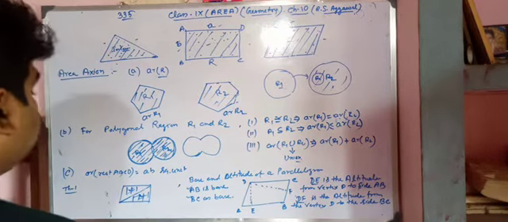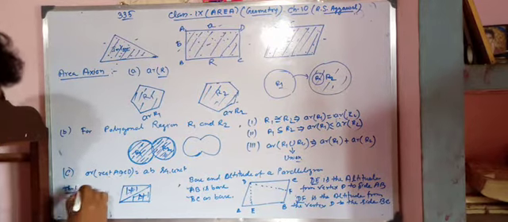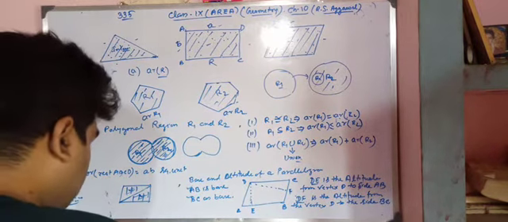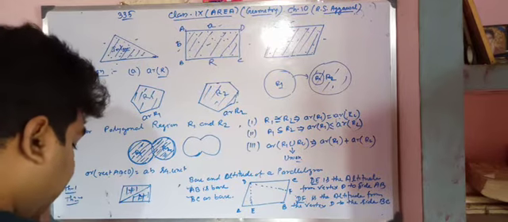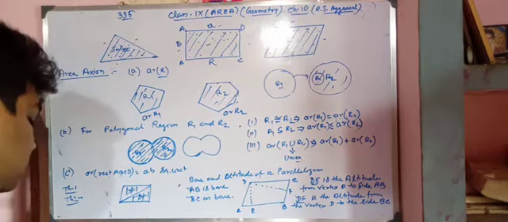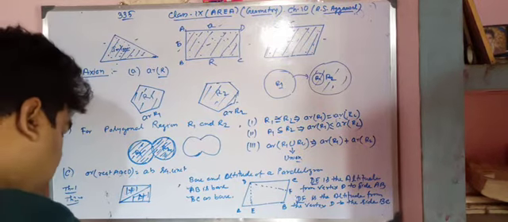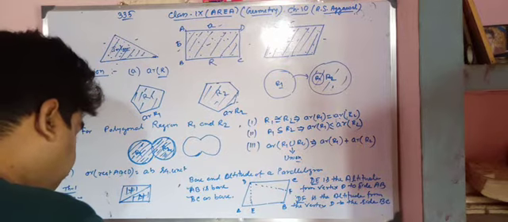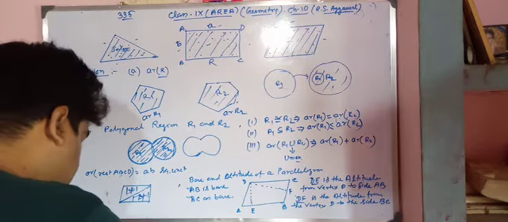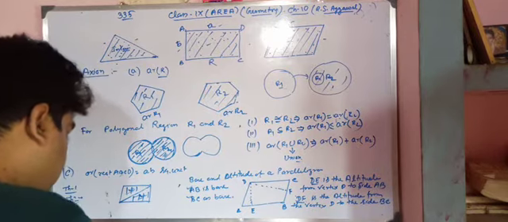Next, theorem 2. I am telling only the statement. For today, it's your work to remember all the theorems together with the corollaries given in your book, and I will provide you some solutions of the exercise of this chapter, exercise 10A.